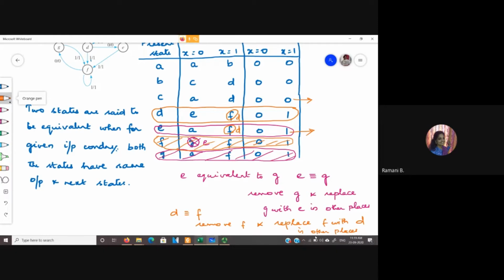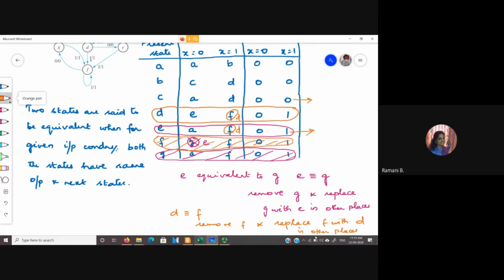However, for input x equal to 1, the output with present state C is 0 and E is 1. So you cannot say these two are the same state. And the places where you have both inputs 0, here you have different states.